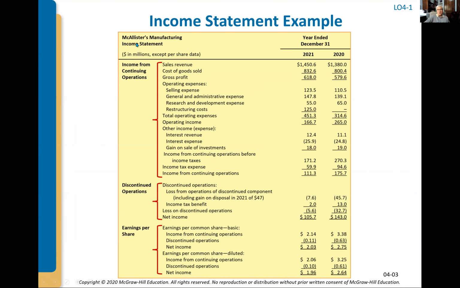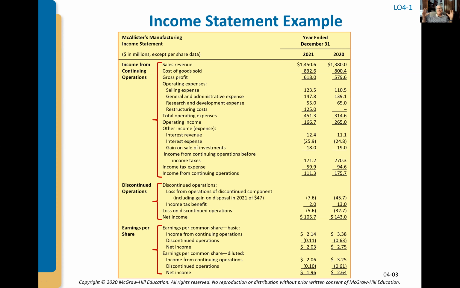And note here, in this example of the McAllisters, they had restructuring costs inside one of their continuing operations. So there were some kind of smaller exit activities, maybe closing down a factory or closing a warehouse, or getting out of a state, who knows what's going on. But that's still restructuring costs. It's still considered part of continuing operations.